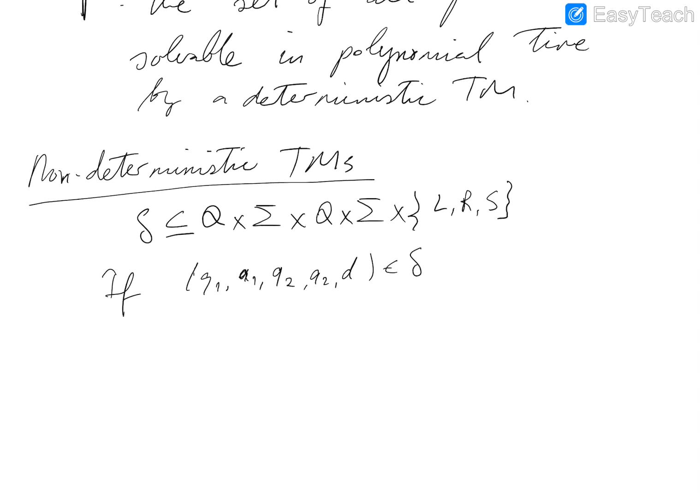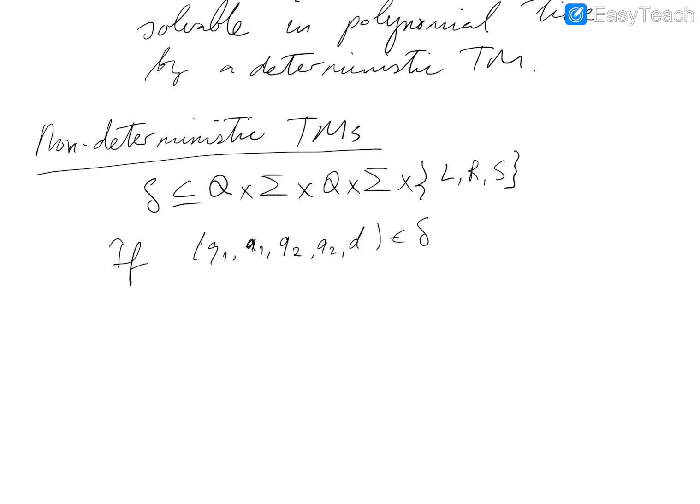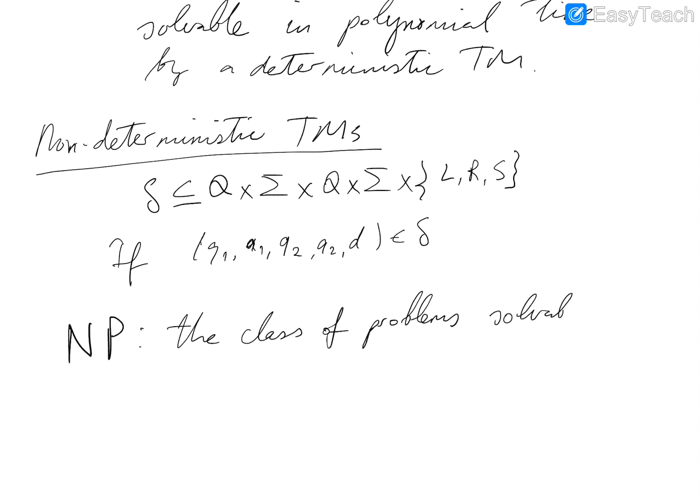Now we denote the class of problems that are solvable by non-deterministic Turing machines in polynomial time by NP. So NP is the class of problems solvable in polynomial time by non-deterministic Turing machines.